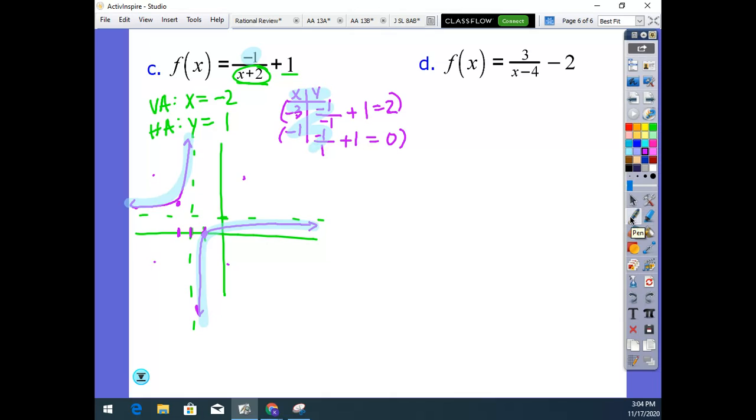All right, last problem. Vertical asymptote, x equals 4. Horizontal asymptote, y equals -2. Graph your asymptotes.